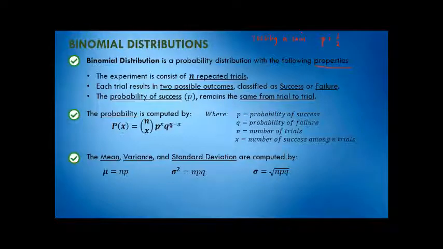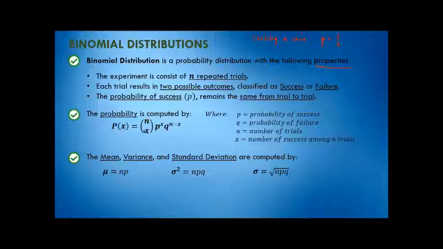Okay? Next, the next thing we need to know for the binomial distribution is the computation of probability. So we have the following formula. P of x is equal to the combination of n taken x at a time times p raised to x times q raised to n minus x.